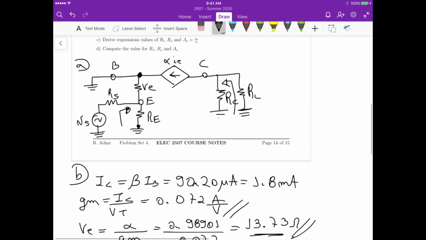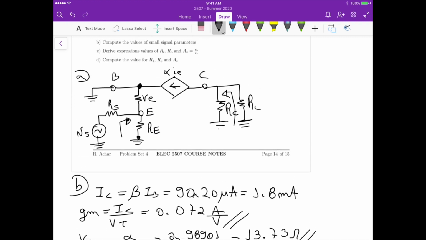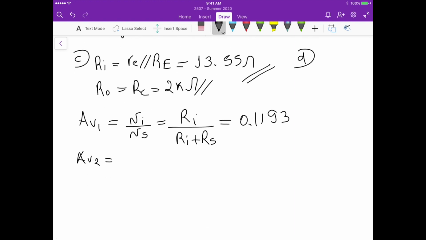Okay. Now for Av2, we have that it's alpha times RC parallel RL divided by re. If we look at the Vout here, remember that Av2 is Vout over Vi. So this is alpha. There's no phase inversion here, so there's no sign change, times RC parallel with RL divided by the small signal emitter resistance.